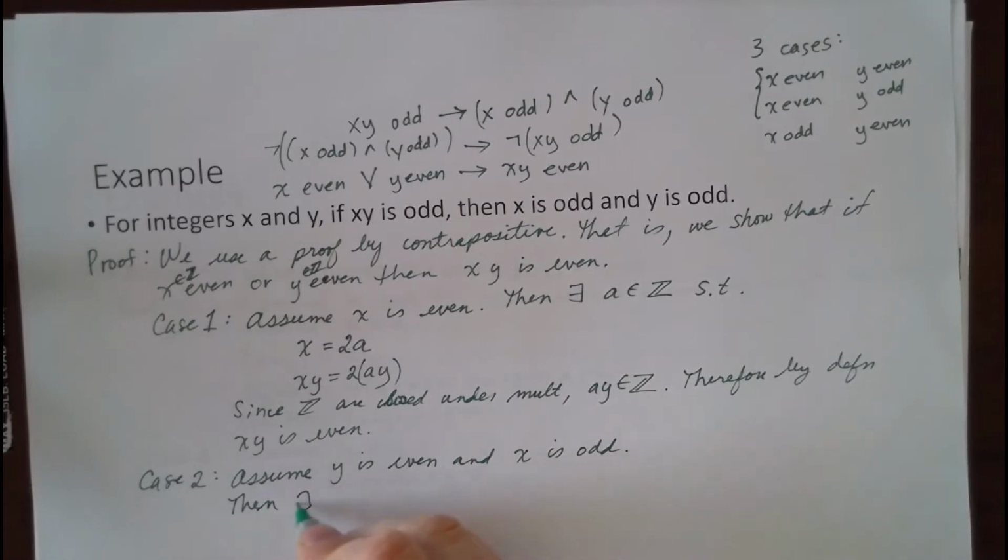Then there exist m and n integers such that, let's see, y is even, so y has to be 2 times m. X is odd, so x would have to be 2n plus 1.